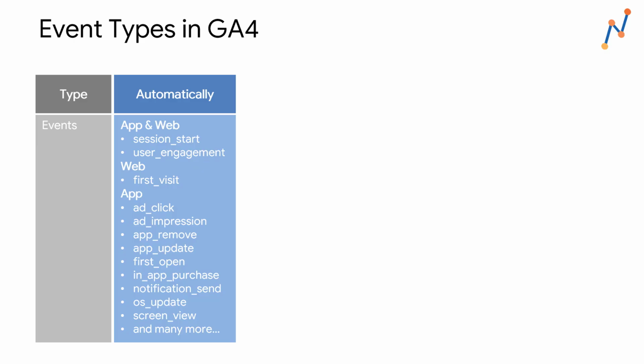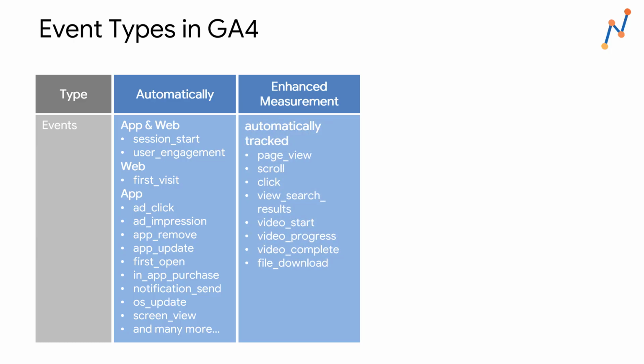These events are collected automatically when the tracking is involved. The second event type is the enhanced measurement and will be configured for each data stream for web in GA4. Once enabled, events for page view, scroll, click, on-site search, video interaction, and downloads are automatically tracked.